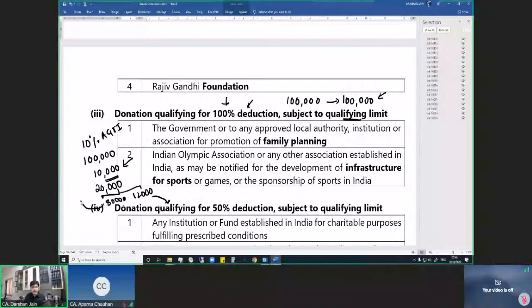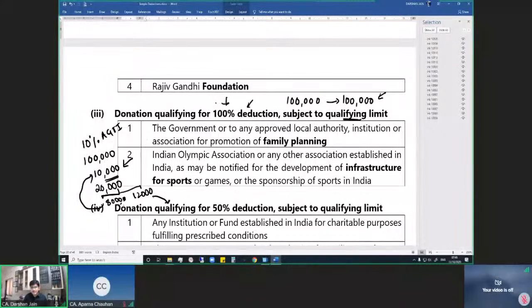So you will consume the entire 8,000 out of the limit of 10,000 that you have got. Out of the 10,000, first and foremost you consume the items of 100% deduction, and the remaining 2,000 rupees would go from those donations which qualify for 50% deduction.